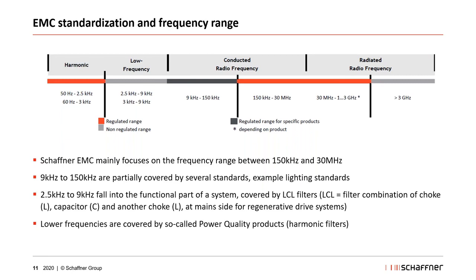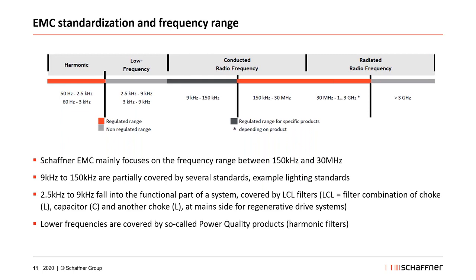Some standards, like lighting standards, start a little lower, at 9 kilohertz to 150 kilohertz. So if an EMI or EMC standard needs to be reached there as well, then we also have filters for these dedicated standards. For example, the new FN 2580 is a lighting filter, which is also relevant for this frequency range.